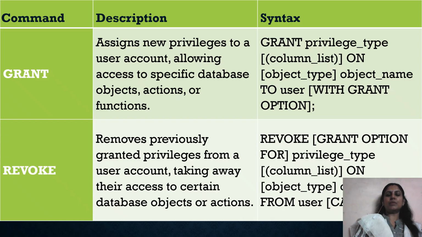The tabular column shows the commands of DCL, grant and revoke. The first command, grant. It assigns new privileges to a user account, allowing access to specific database objects, actions, or functions. The syntax of grant: grant privilege type, column list, on object type, object name, to user, with grant option.